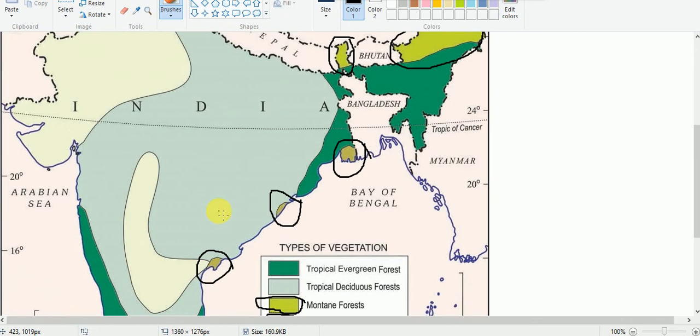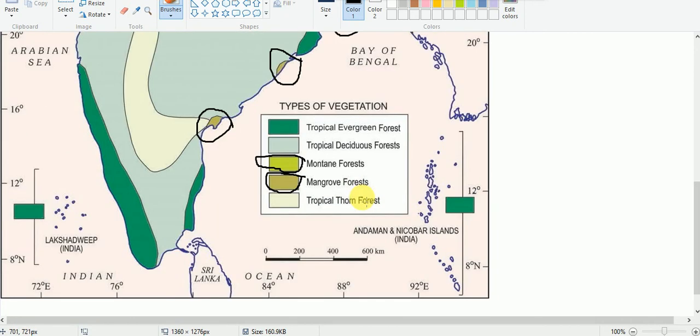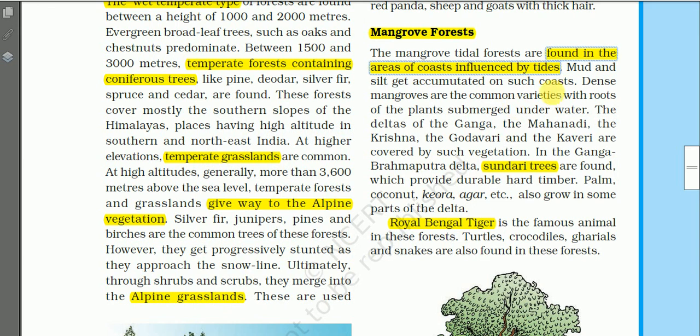Almost in the coastal areas we find these mangrove forests. Mud and silt get accumulated on such coasts. Mud and very fine soil particles are collected on the coastal areas because of the tidal water.